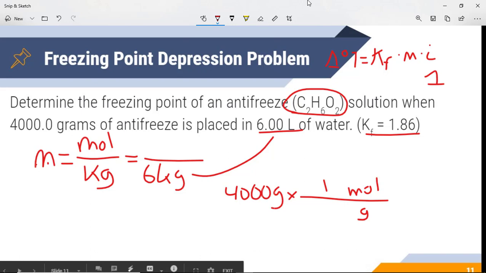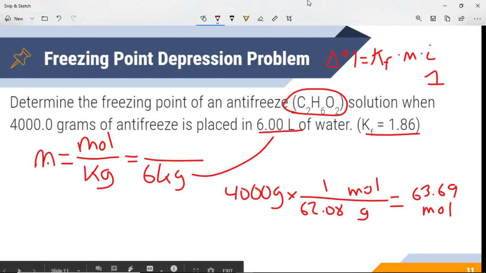Using 62.08 grams per mole, we convert that to moles. We get 63.69 moles of antifreeze.